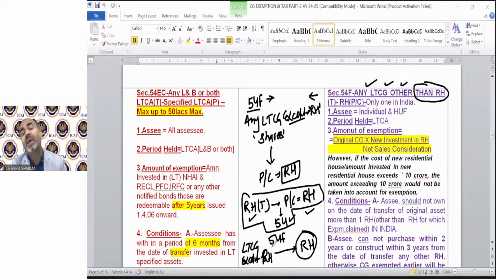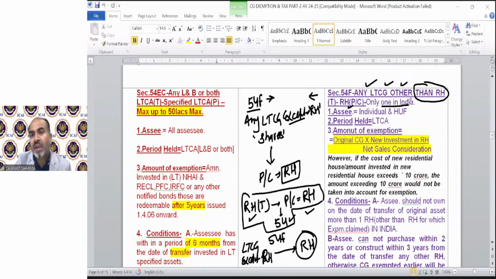And if you transfer any other long-term capital asset and purchase or construct a residential house, then section 54F will be applicable. Clear? So any long-term capital gain other than the residential house, then you have to purchase or construct a residential house.